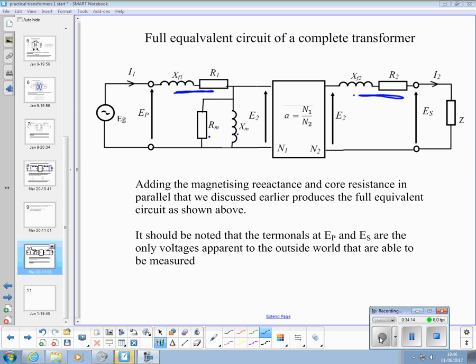So that's the full transformer model, with the iron losses represented, as well as the leakage flux and winding resistance. So we wouldn't need to add anything more to that to do any kind of analysis of a transformer. And I've already said EP and ES, there and there, are the only two voltages you'd be able to measure.